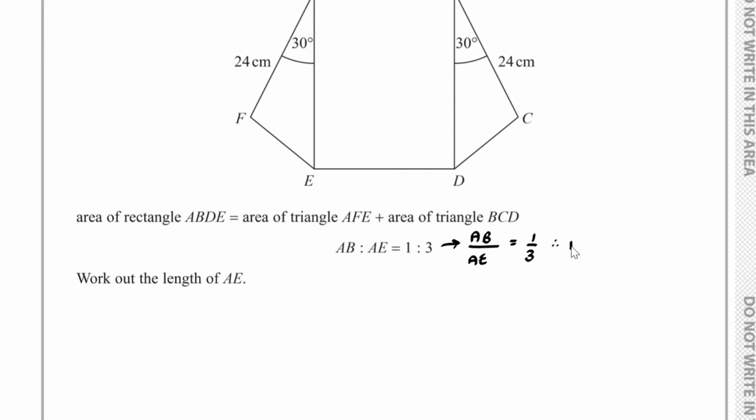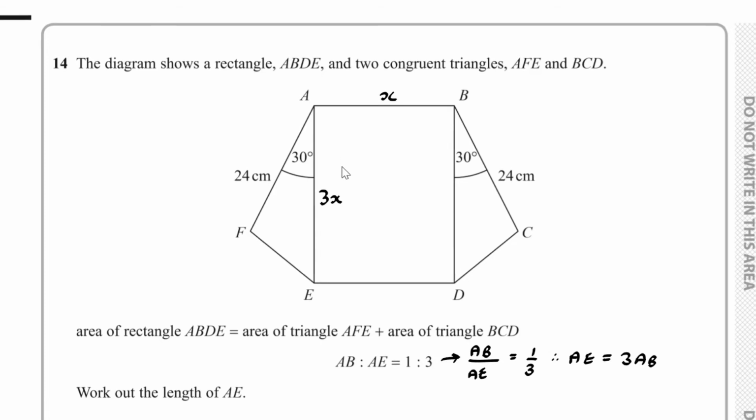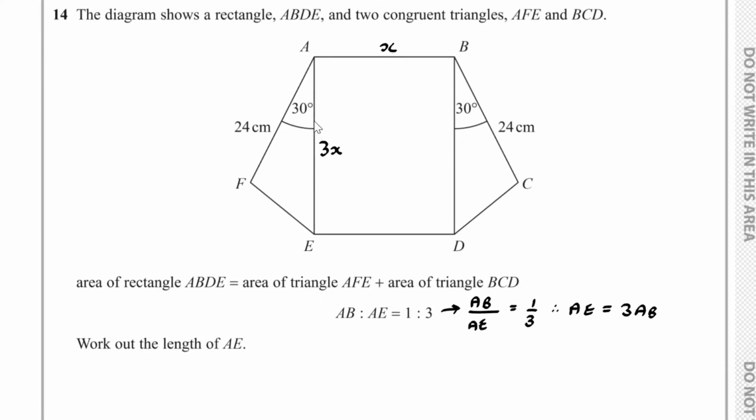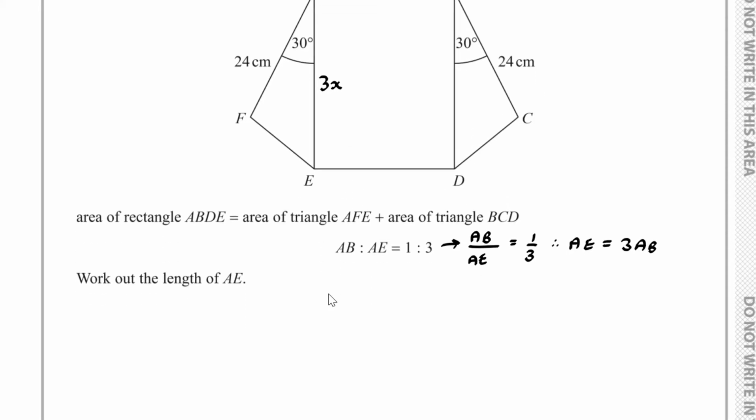So therefore we can hopefully see AE is equal to 3 times AB. So if the length of AB is equal to x, the length of AE is equal to 3x. And if we solve for x, multiplying that by 3 will allow us to find AE. So with this we can find out the area of the triangle.